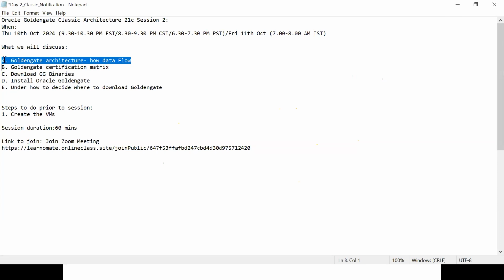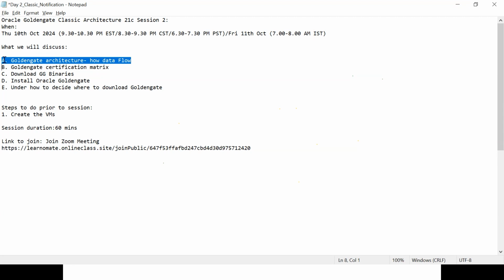Today you just got to know about extract and replicate, but what is extract and what is replicate, you will get to know in the next session when we discuss Golden Gate architecture. Then we'll also discuss the Golden Gate certification matrix, and see how to download and install Golden Gate binaries.